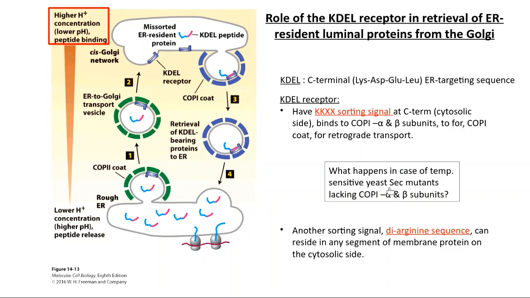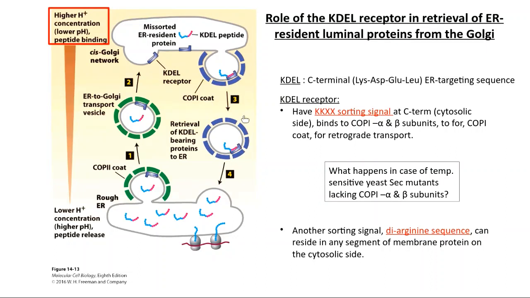So what happens in the case of temperature sensitive yeast sec mutants lacking COP1 alpha and beta subunits? It's a good question. In this case, if they lack COP1 alpha and beta subunits, obviously, although the KDEL receptor can bind these missorted proteins with the KDEL sequence, the COP1 coats will not form.